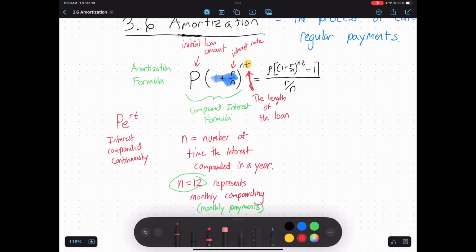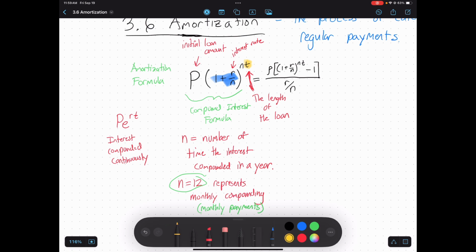So even though we recognize t as our variable, in most of these cases, t is going to be given to you. That takes care of the left side of the equation, and what it's tracking is how big your loan is getting as time goes on. So the left side is calculating the size of your loan.